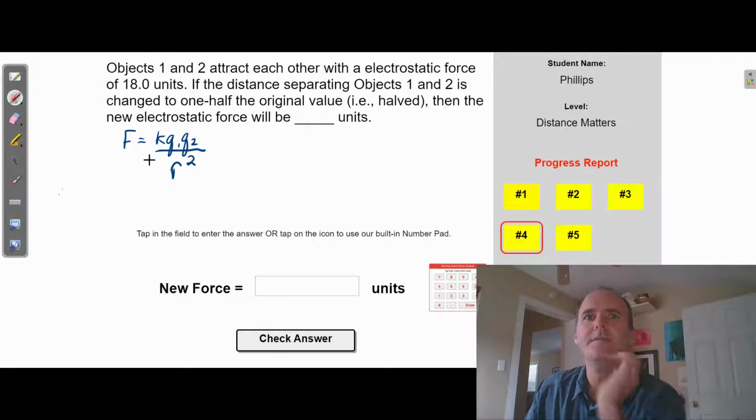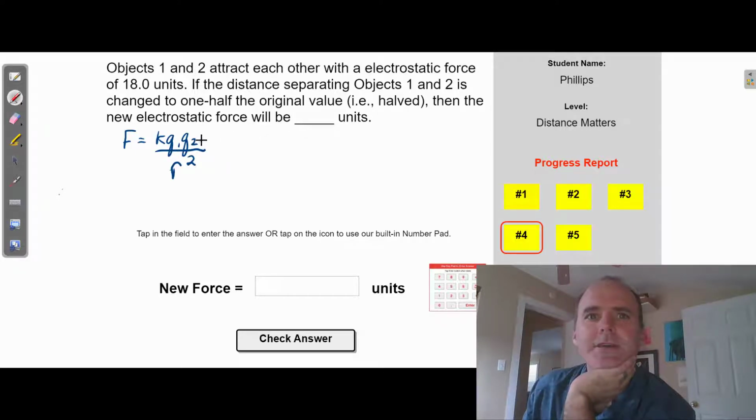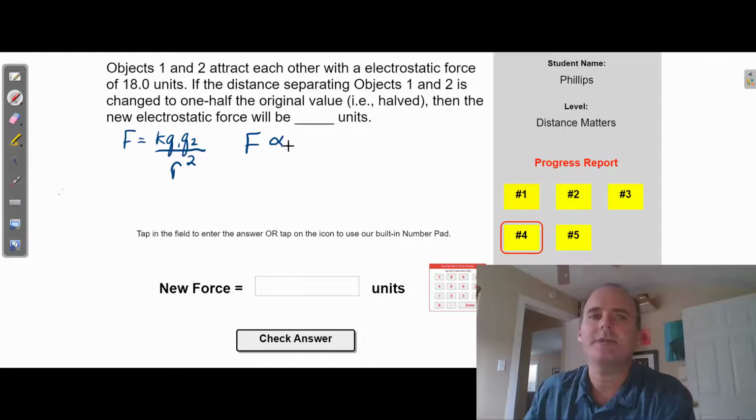Now, if we keep the charges the same, then we can say F is proportional. The proportionality is really similar to the equal sign, but here we don't care about what's on top. We just care about this radius squared.